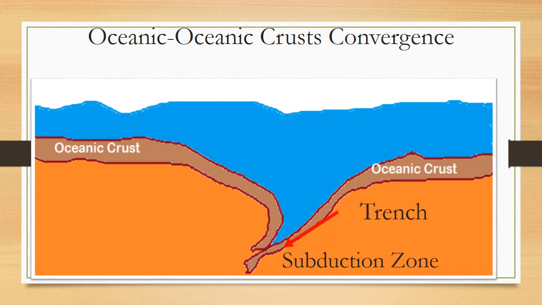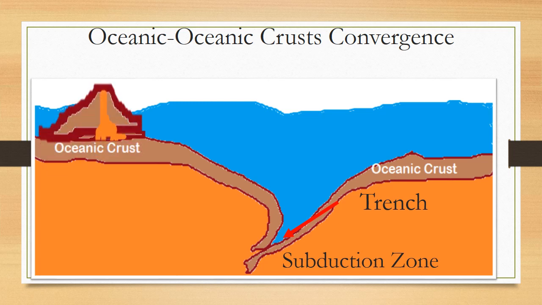But the trench that these two oceanic crusts create is much deeper than the trench created by the continental-oceanic crust convergence. And since there is subduction of oceanic crust here, the molten materials will find their way to the surface and form a volcano, which may grow into a volcanic island.